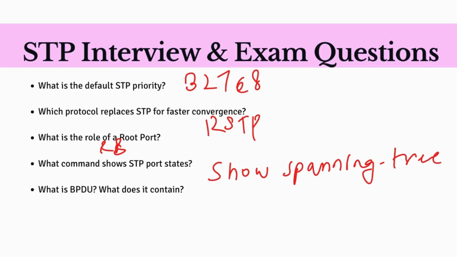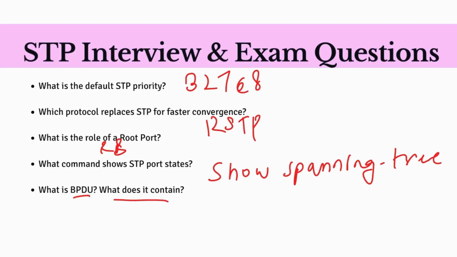And the last question is, what is a BPDU and what does it contain? BPDU stands for Bridge Protocol Data Unit, and it is a data message exchanged between switches to maintain the network. And that's your complete simplified STP explanation, clear, practical, and exactly how it works in real networks.